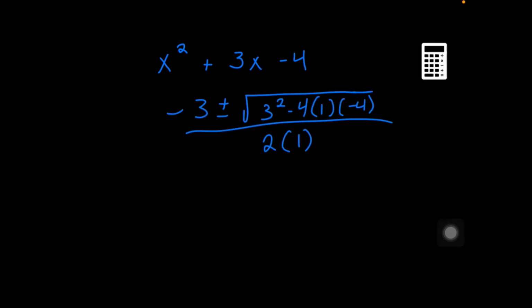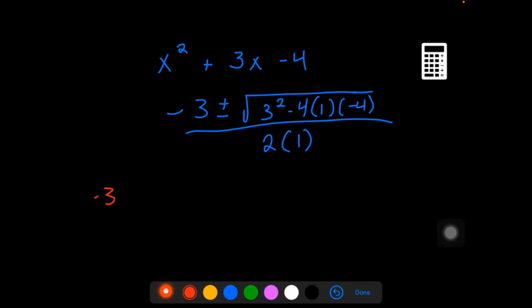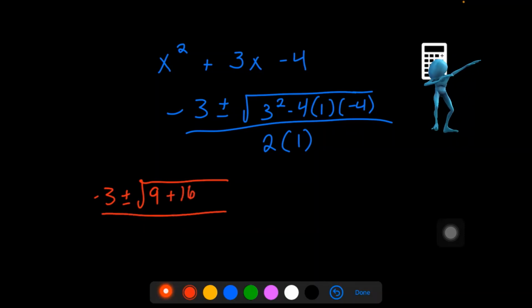We're going to scoot over here to the left and simplify this. So we have our negative 3, plus or minus, and we have the radical. 3 squared, 3 times 3 is 9. Negative 4 times 1 times negative 4 is positive 16. Divided by 2 times 1, which is 2.